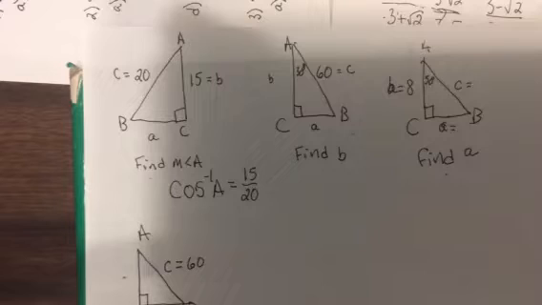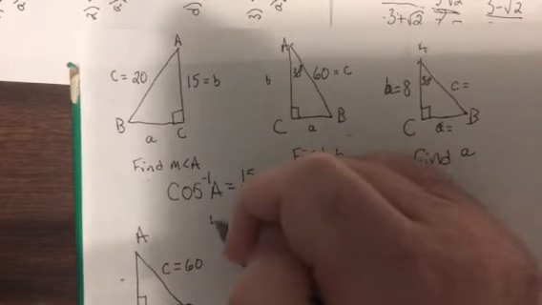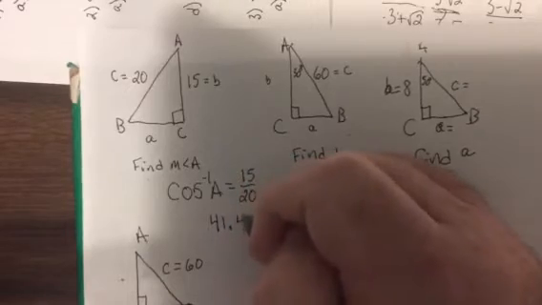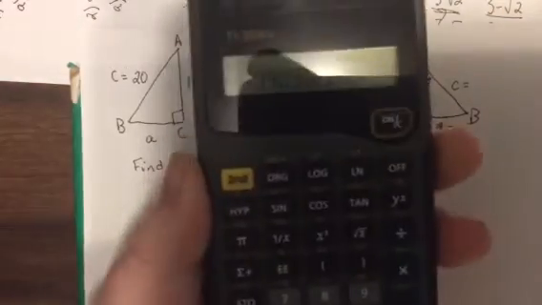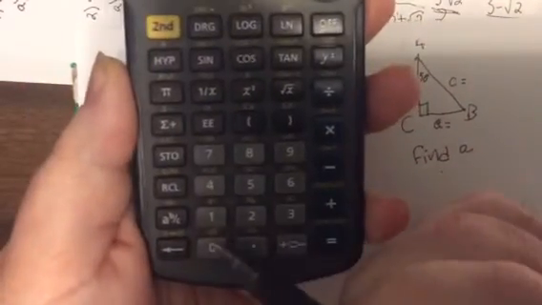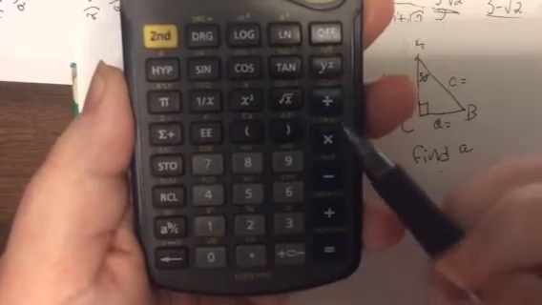Something's wrong. 15 divided by 20. Oh, I didn't do equals. Second cosine. So I get 41.4 degrees. I forgot to push the equals button. Cheap calculator, sorry.